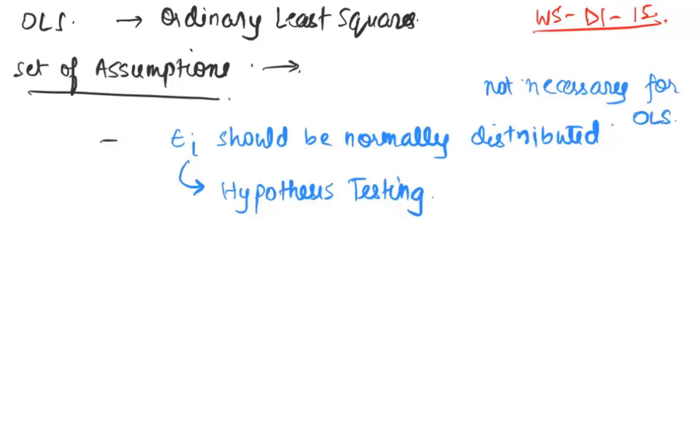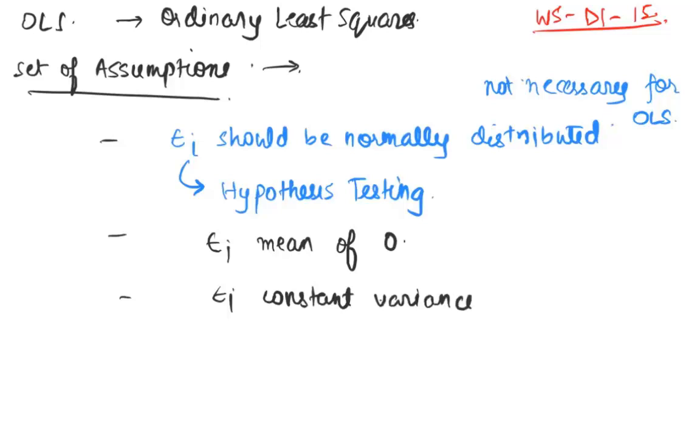It is important for hypothesis testing, but there are two important assumptions for OLS, and those assumptions are: your error term should have a mean of 0, and your error term should have constant variance. Now the condition of constant variance is also referred to as homoscedasticity.